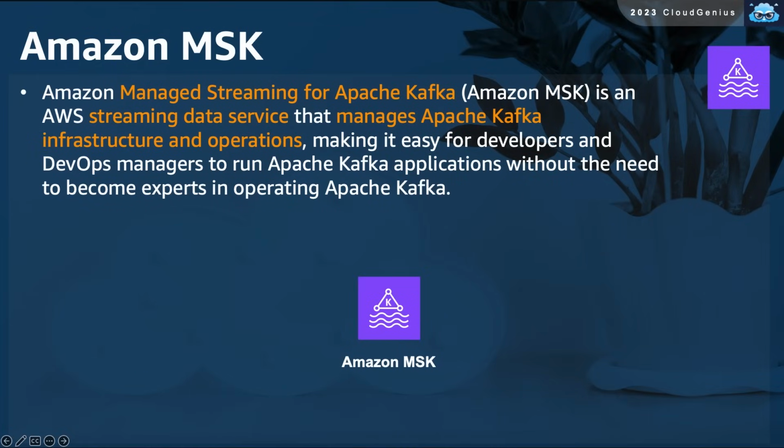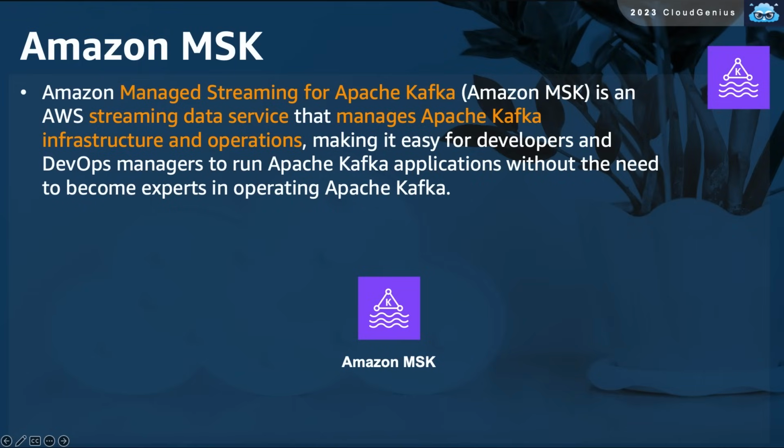Amazon Managed Streaming for Apache Kafka, Amazon MSK, is a fully managed service that simplifies the deployment and operation of Apache Kafka clusters, an open-source data streaming platform. With Amazon MSK, you can easily create and configure Apache Kafka clusters without manual setup or maintenance.